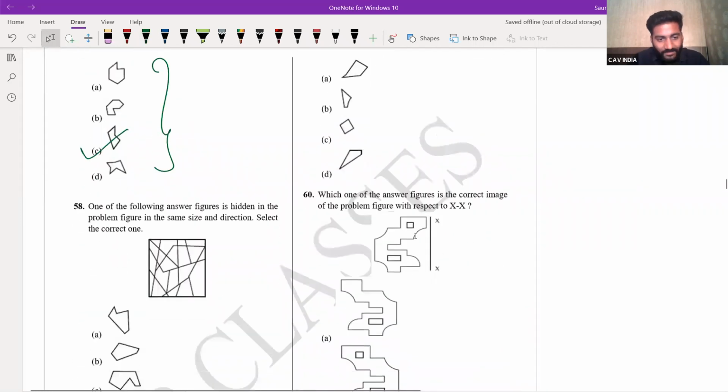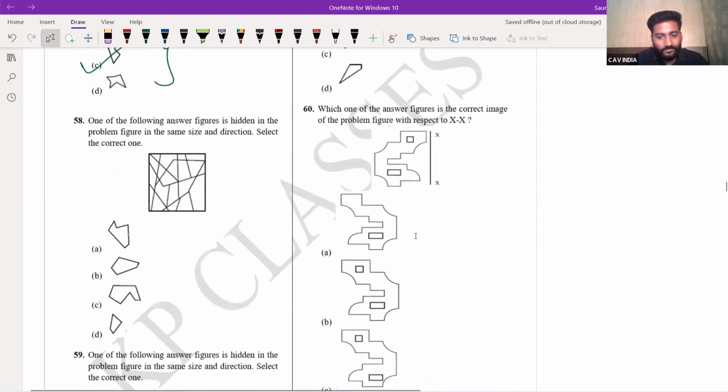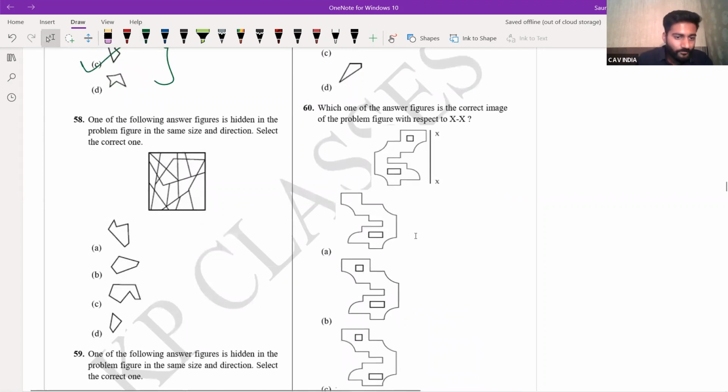With that understanding, we can solve this 58 also, in which this option 4 is present, and that is here.